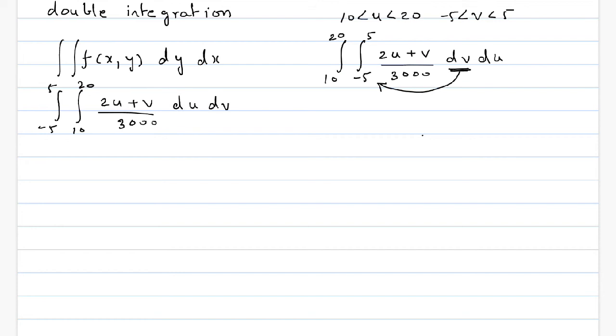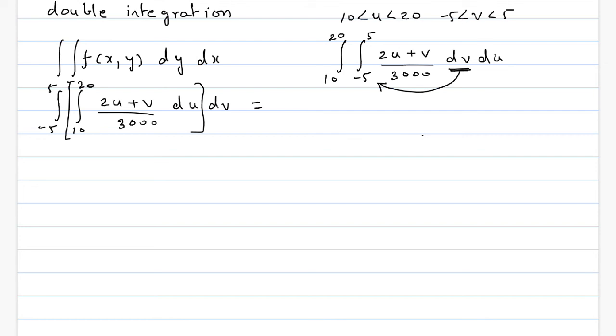Now if you observe, I have changed my integration order, and I have also changed the order of du and dv. It should be in the opposite order of the limits. Our inner integral should follow this particular rule, that we integrate it first and then we integrate the outer part.